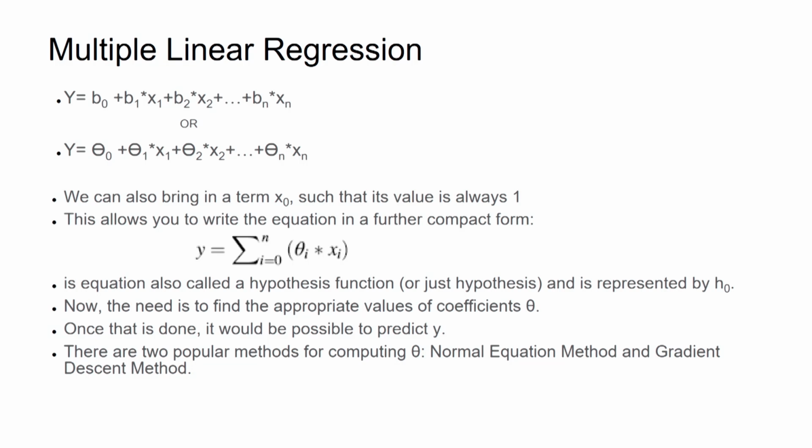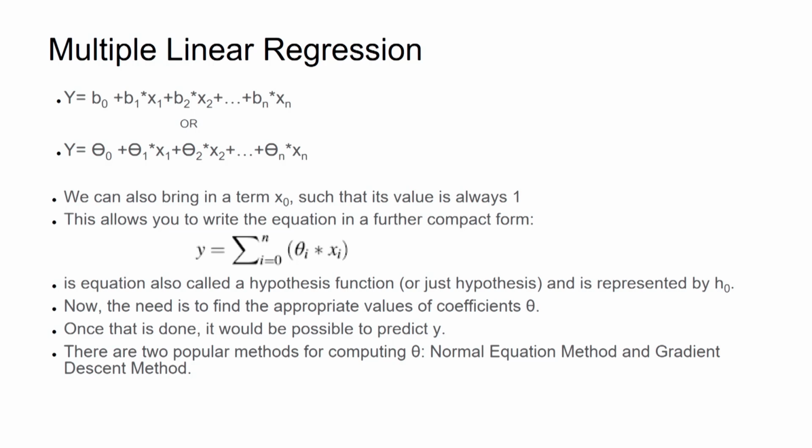The need is to find the appropriate values of these coefficients theta naught, theta 1 up to theta n, or we say that we need to find these model parameter values, and this we do by using the data set.